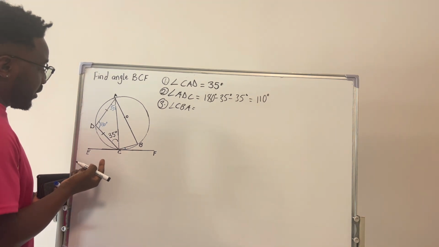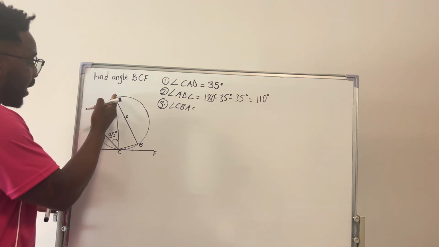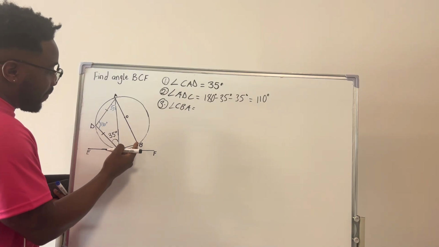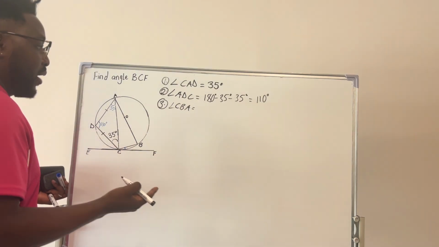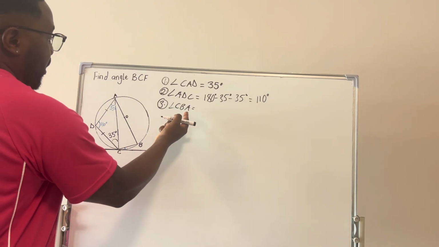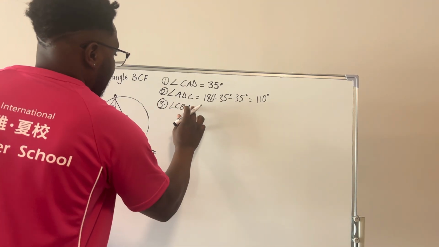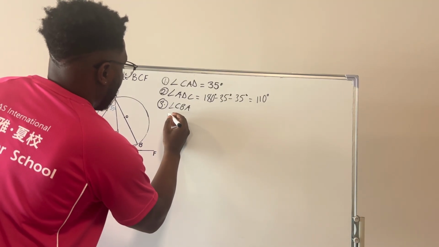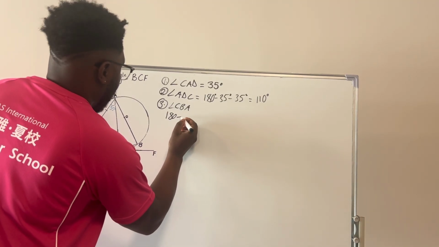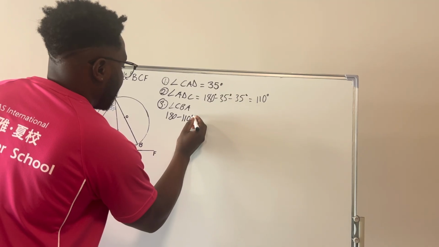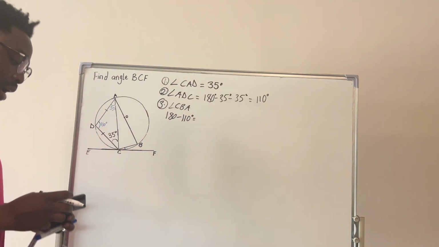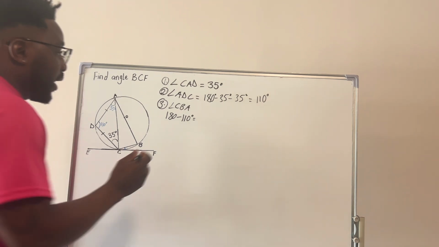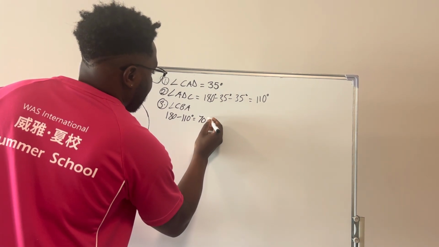You can see that ADC is opposite to what? To angle CBA. So how do we find CBA? We find CBA by saying 180 minus 110, and that gives us 70 degrees.